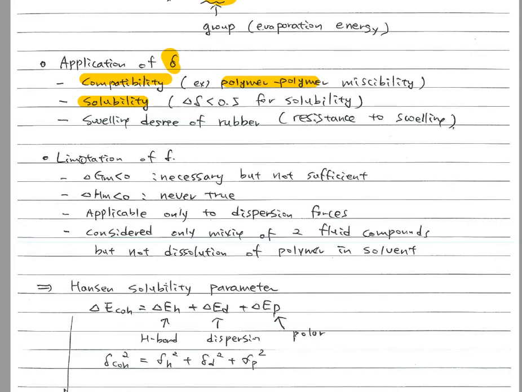Solubility also relates to the swelling degree of rubber. If the polymer is a lightly cross-linked polymer such as rubber, and the rubber and the solvent have similar delta values, then they would have very large swelling.